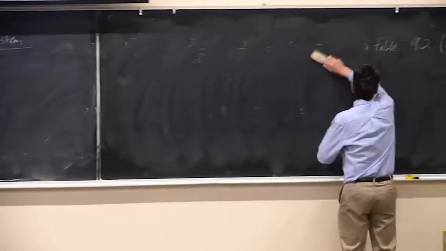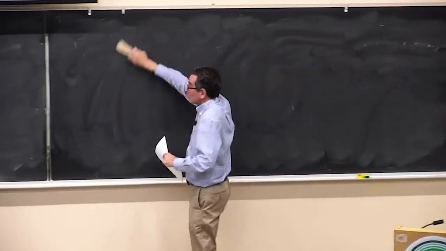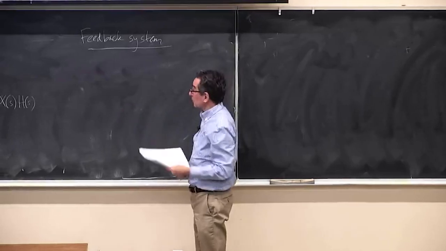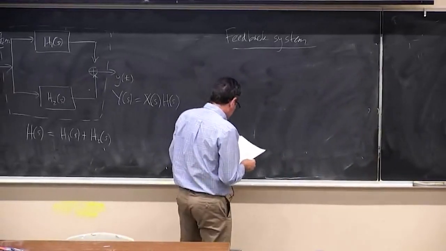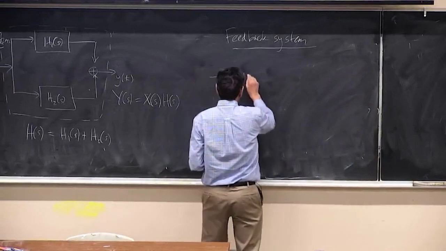Now, is this pretty clear to everyone? The arguments are essentially identical to the ones we used for the Fourier transform when we were looking at frequency responses. But we didn't look specifically at the feedback system. So let me just show you the system that I have in mind.